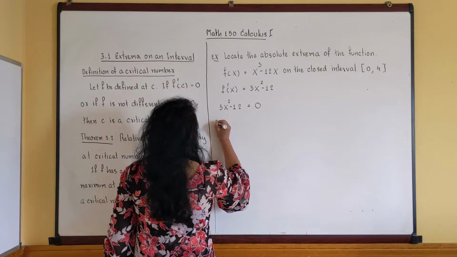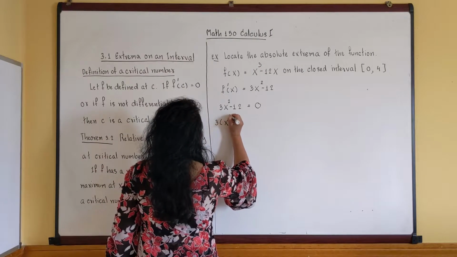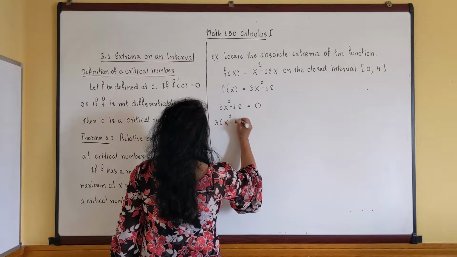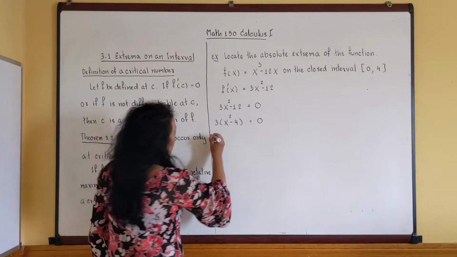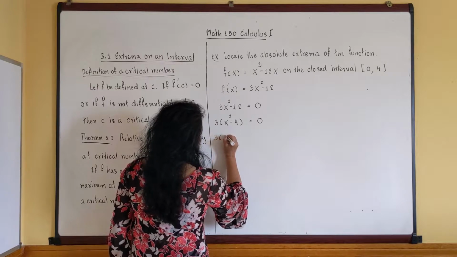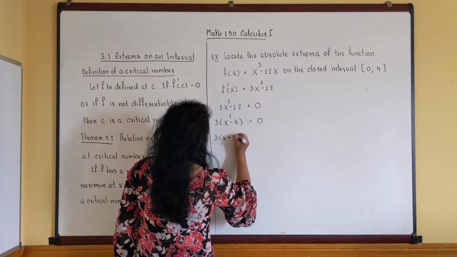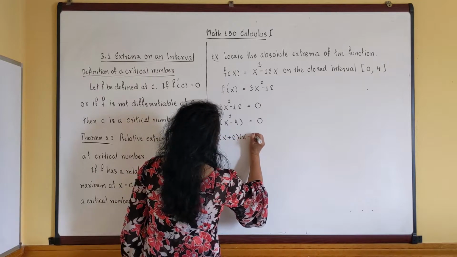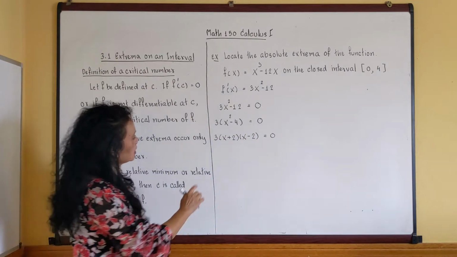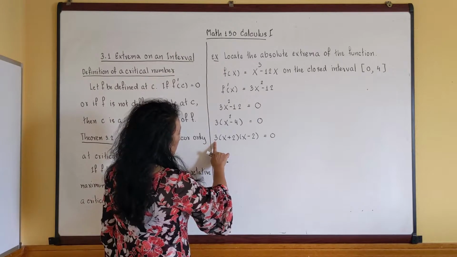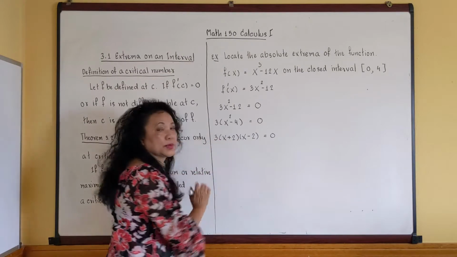So I'm going to factor out the 3. I'm left with x squared minus 4 equals 0. I'm going to factor some more. So this is 3 times (x plus 2)(x minus 2) equals 0. You have three terms multiplied together: 3, x plus 2, and x minus 2.